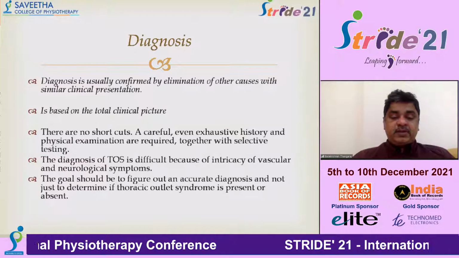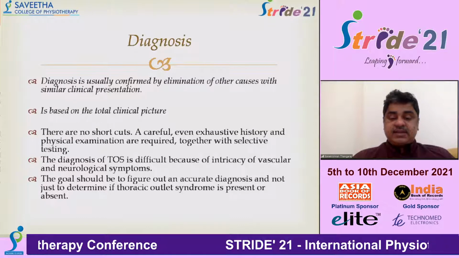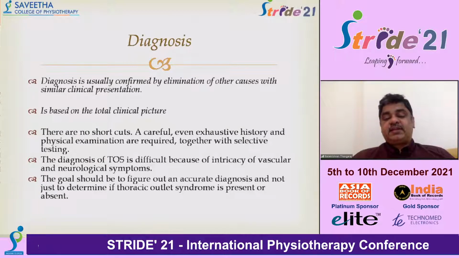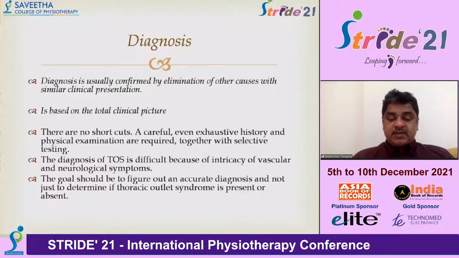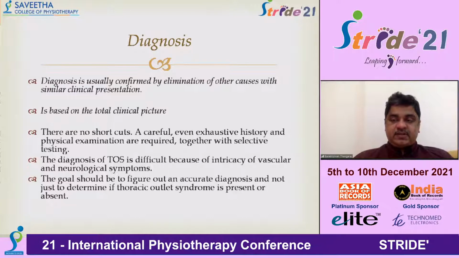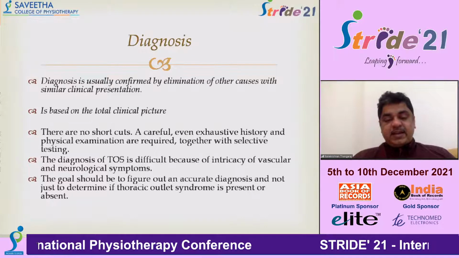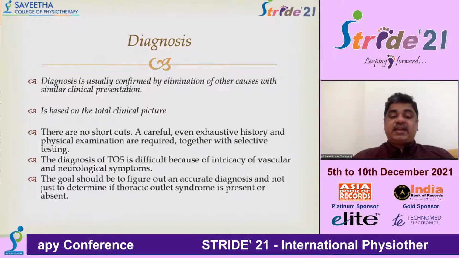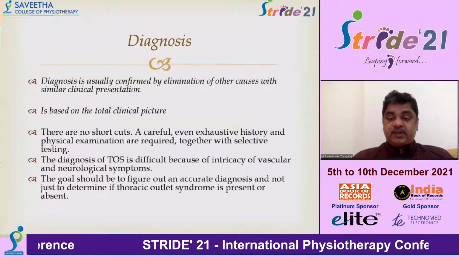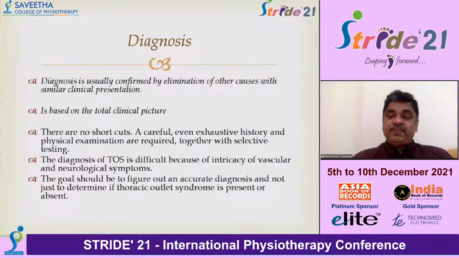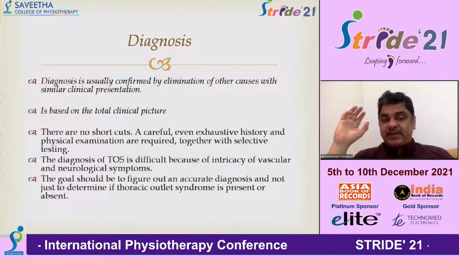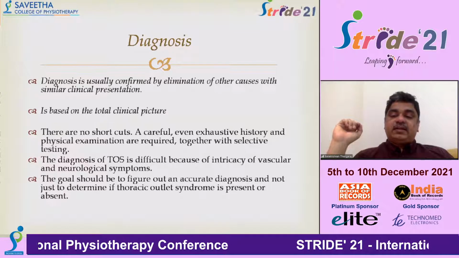The goal should be to figure out an accurate diagnosis and not just to determine if thoracic outlet syndrome is present or absent. Because even if you have a pain in your wrist or some tingling sensation, we can name it thoracic outlet syndrome, but we don't know what exactly the symptom is, which structure is entrapped or which structure is being compressed. Next slide, please.